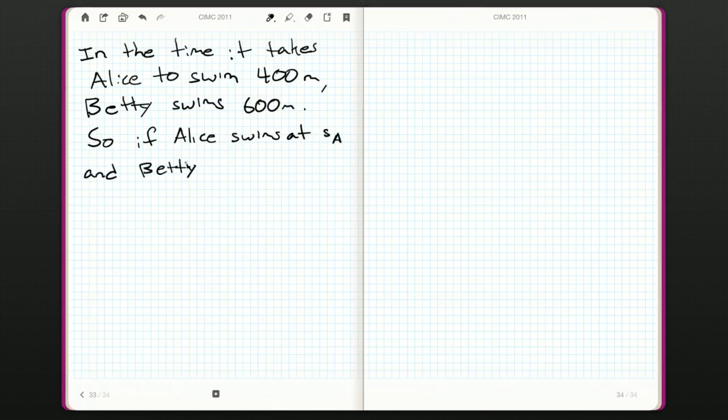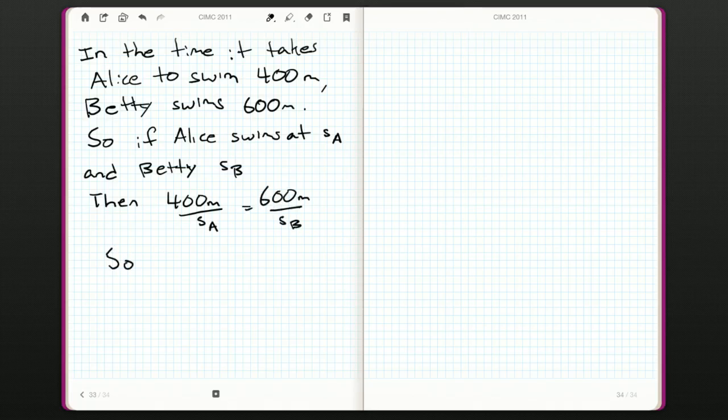So we'll call Alice's speed SA, which stands for the speed of Alice, and Betty will swim at SB. Then we know the time it takes for Alice to swim 400 meters at a speed of SA is equal to the time it takes Betty to swim 600 meters at the speed of SB.